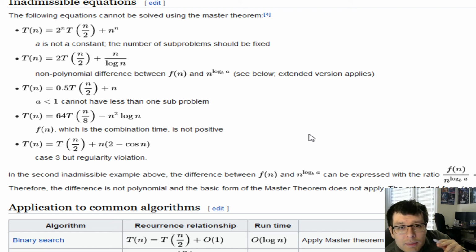The second one, 2 to the n, T of n divided by 2 plus n log n. The 2, so the A and the B are fine, it's just 2 and 2. The problem here is that D or C or whatever, because when you convert this into a format that is n to the power of something, you end up with that n log b.